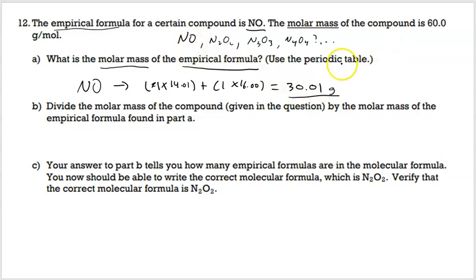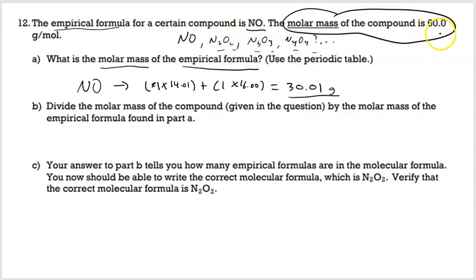All right. Now, this right here, the molar mass of the molecular formula, the actual molar mass with the subscripts included, is 60.0. All right. So basically, what we're going to do in step B is we're going to figure out, well, if the empirical formula has a molar mass of 30, how many times do I need to multiply the empirical formula by to get to the molecular formula?